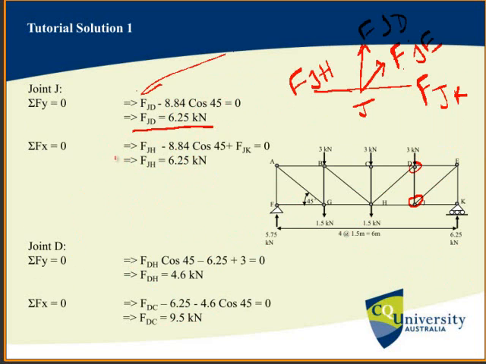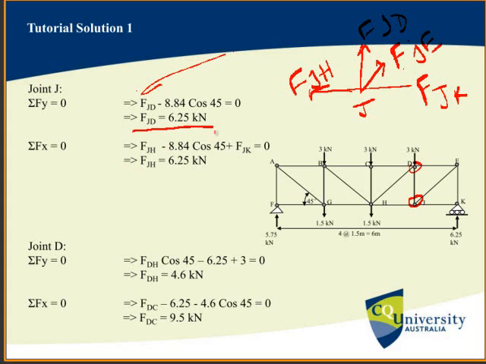Next, we have to apply the equilibrium equation for sum of x for this free body diagram. FJH minus, in this case we have to consider FJH, FJK and the horizontal component of force FJE.